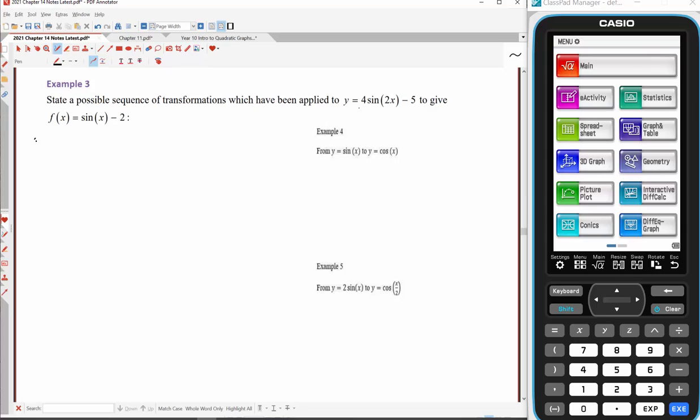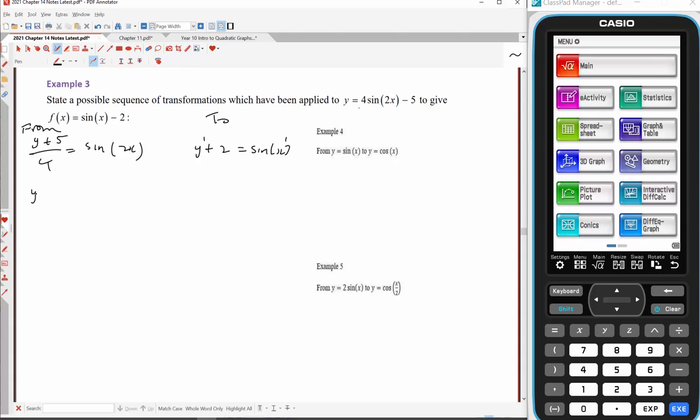So we're going to go y plus 5 over 4 equals the sine of 2x. So that's what we're starting with. So we're going from this to this one here, which is y plus 2 equals the sine of x.